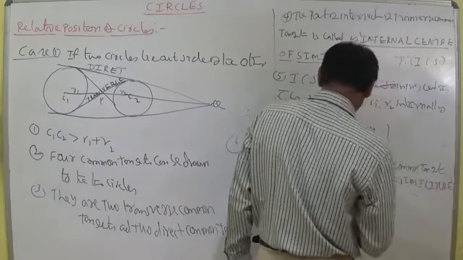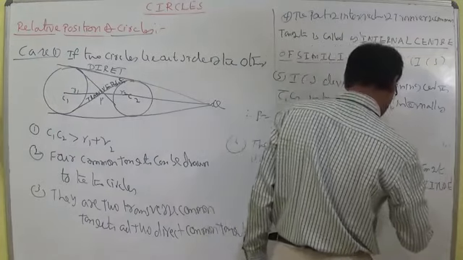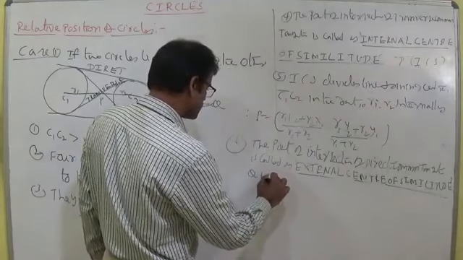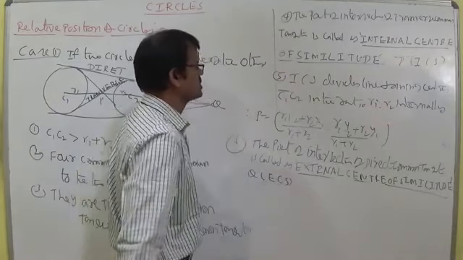External center of similitude, Q. Within brackets, its general notation is ECS.